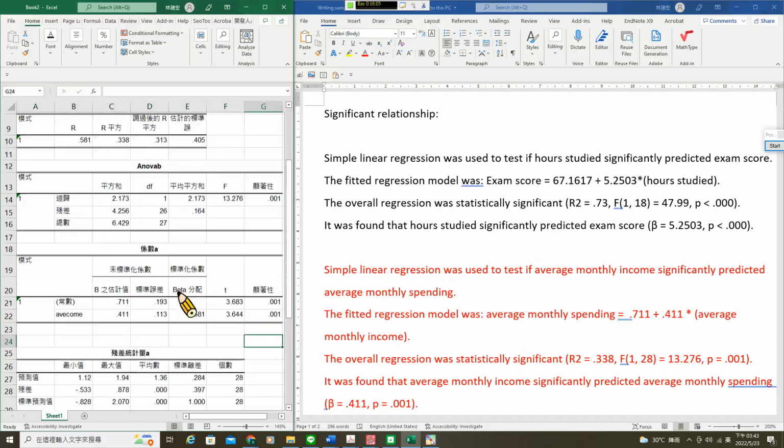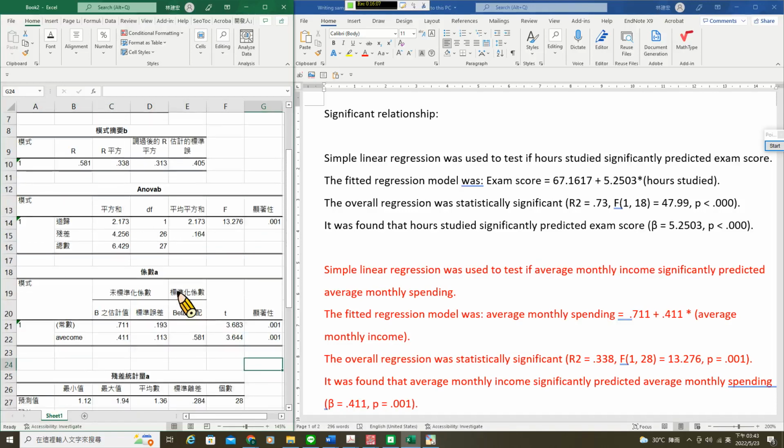Okay, so let's take a look at this one. Basically, the numbers we need come out from these tables, 1, 2, and 3. So let me compare the notes for you. So I have a writing sample here.